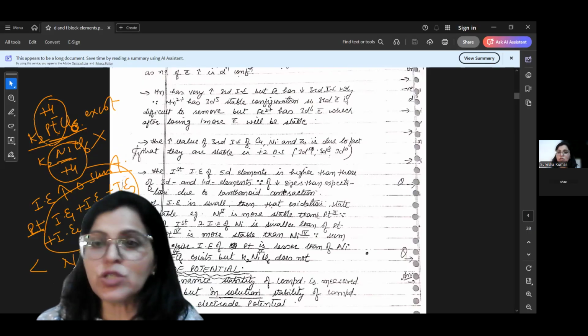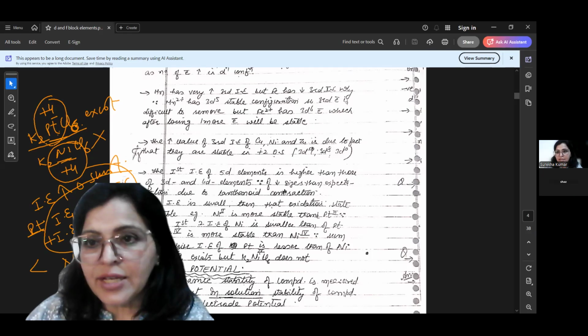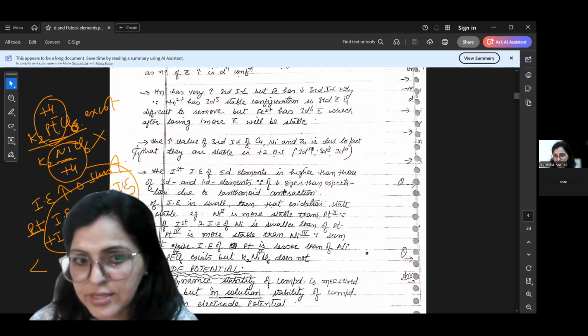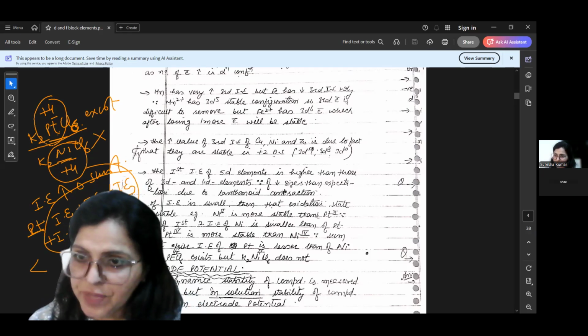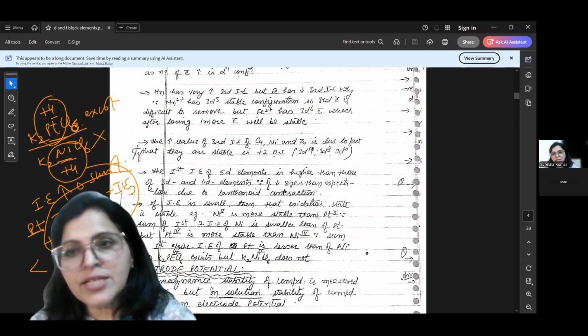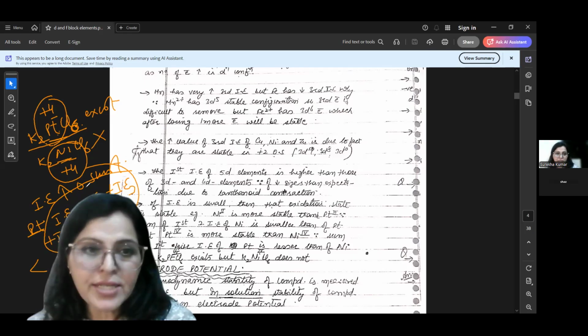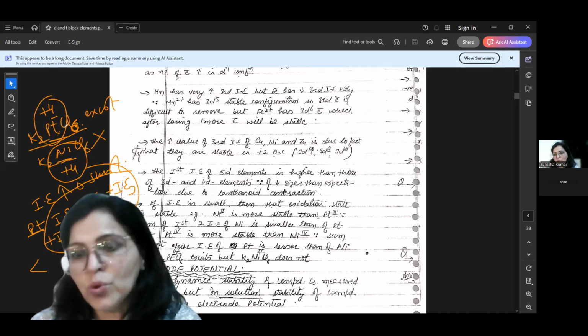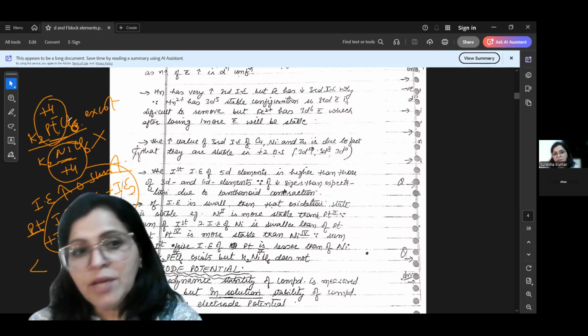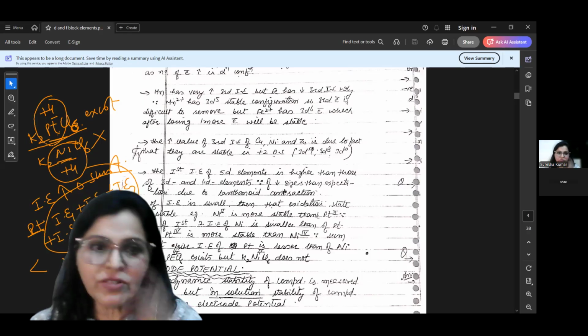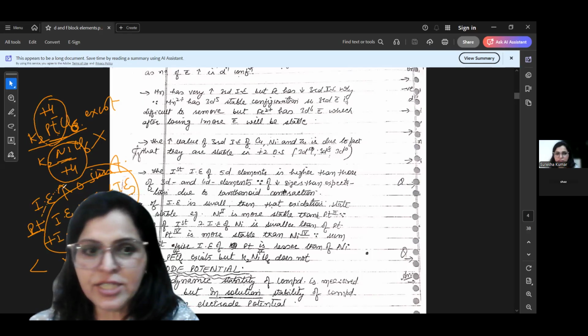Means in case of nickel, more energy is required to lose 4 electrons in comparison to platinum. So whenever less energy is required to lose the electron, definitely the electron will be lost. So the answer is platinum can show this compound formation because of the smaller sum of the first 4 ionization energies than that of nickel.